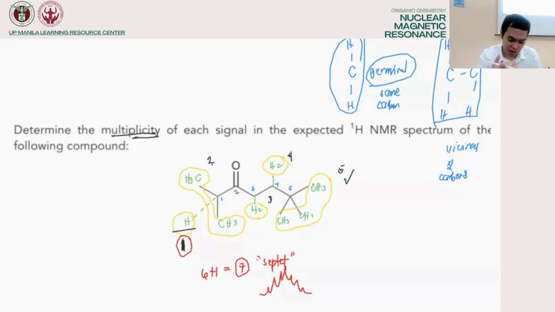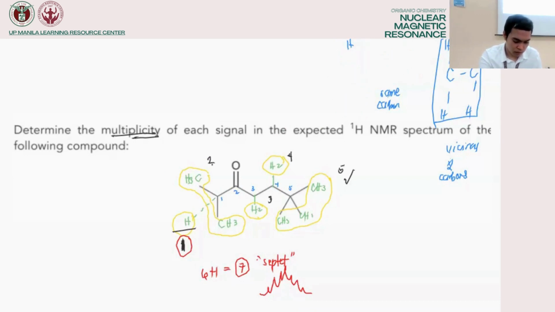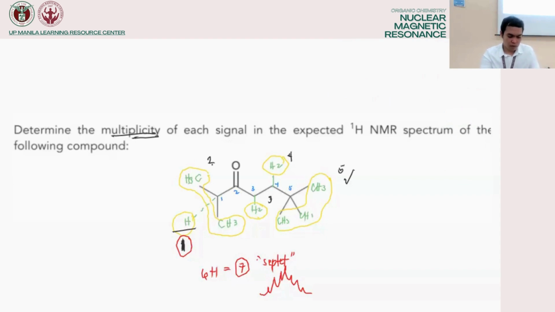O, sige nga. How about, sorry, napakita ko na pala answer. Pero sige, how about number 2? Delete na natin ito. Oh, correct. Oh, ano tayo? Isa, 1 plus 1 equals 2, which is a doublet.